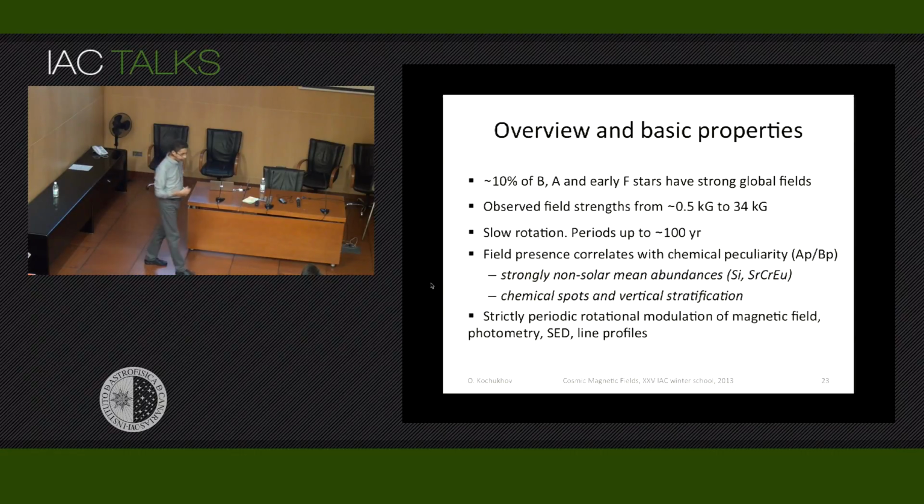And these stars are easier in that sense because things are stable. You can return to the same star 10 years later and you are guaranteed to have the same surface distribution. So you can accumulate observational data over a much longer time scale than for solar type stars.